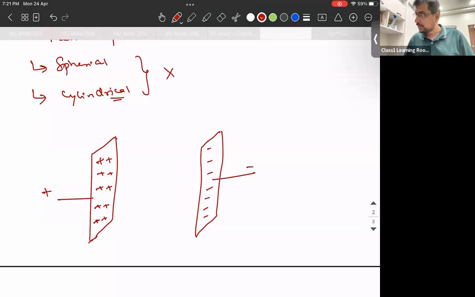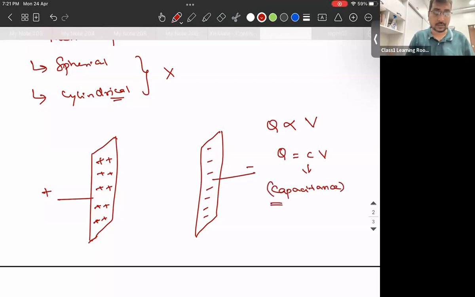Okay. So the amount of charge that is stored on the plates of the capacitor is directly proportional to the potential difference that we are applying. So Q is directly proportional to V. When you remove the proportionality symbol, you get Q is equal to C into V, where C is called capacitance.